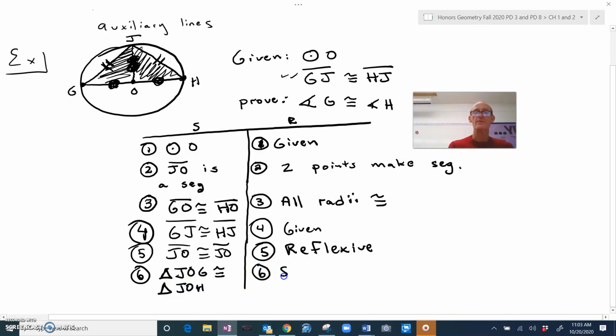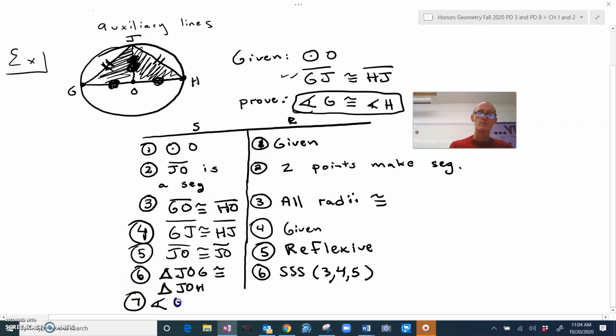And that's side, side, side. Now the first side is 3, 4. 3 is the first side, 4 is the second, and 5 is the third. And then we had to prove that the angles were congruent, so that will be CPCTC. So angle G congruent to angle H, and that's CPCTC.